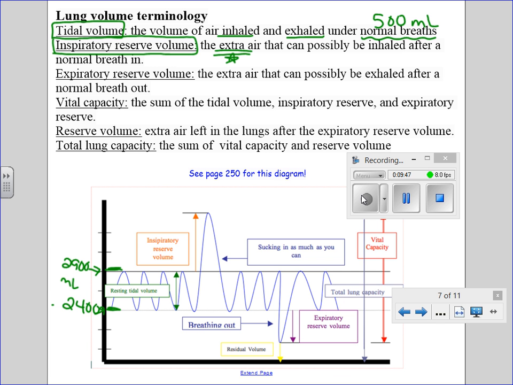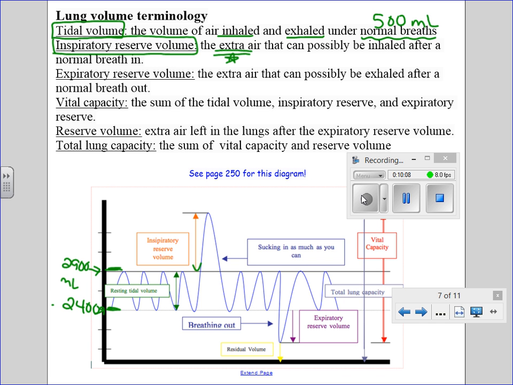So notice here in my diagram and in the diagram in your textbook, the inspiratory reserve volume starts where your tidal volume ends. So this is extra space in your lungs that could be used if you need to. This is when you take a really, really deep breath in.